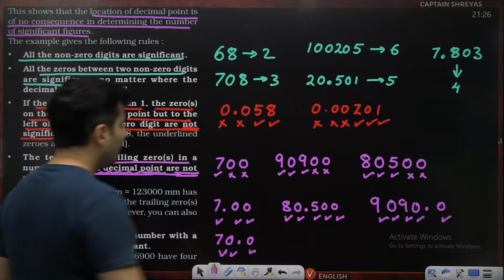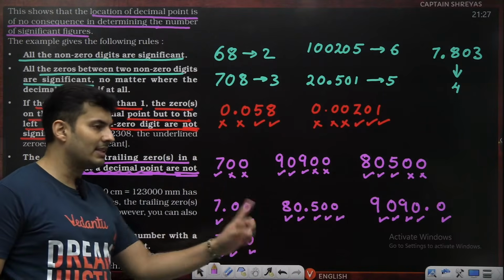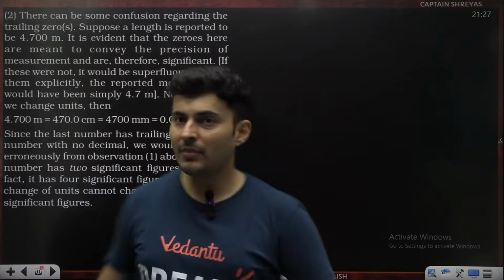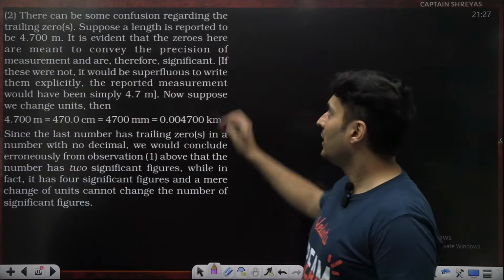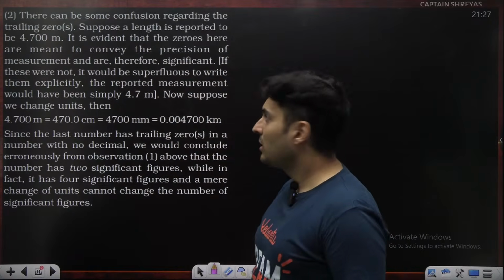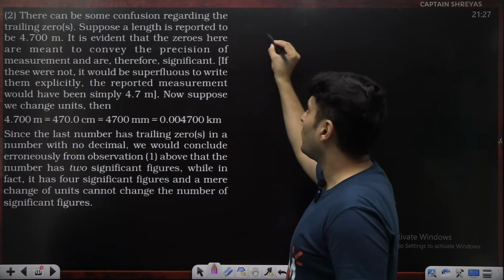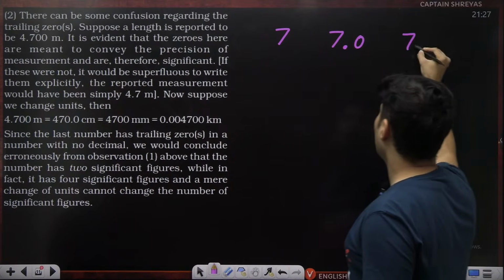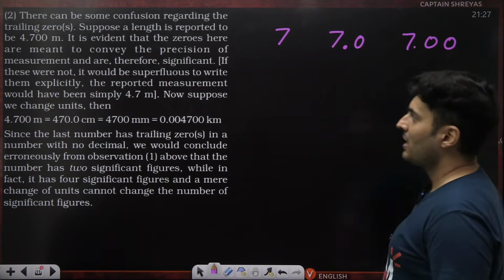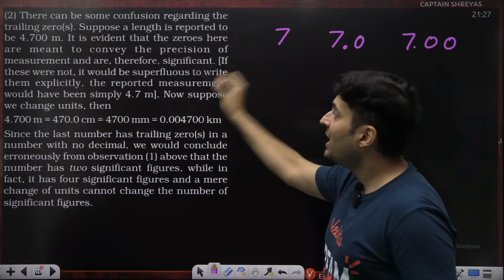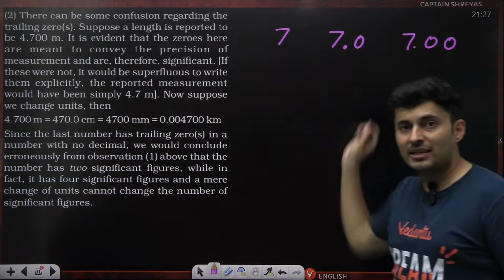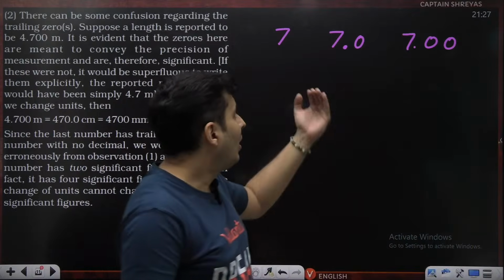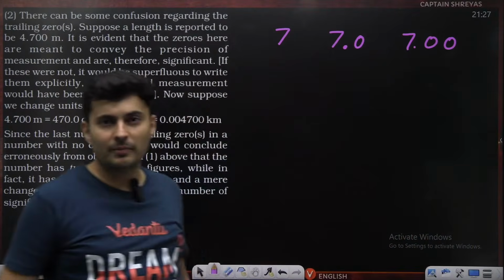Understand, when I just write the number 7 versus 7.00, that's what they have mentioned in this paragraph regarding the trailing zeros. That confusion is about the difference between 7 and 7.0 and 7.00. The meaning of putting extra zeros is that I'm so sure of the measurement till that decimal.